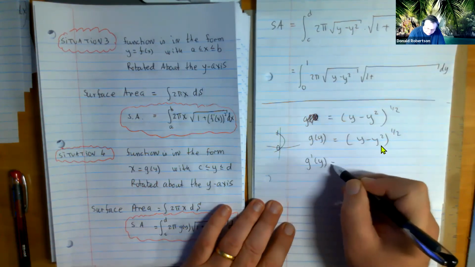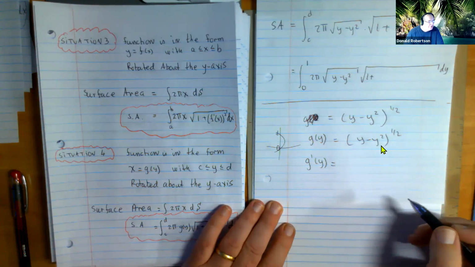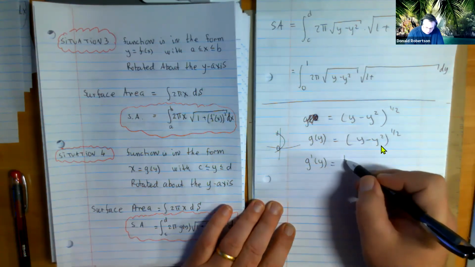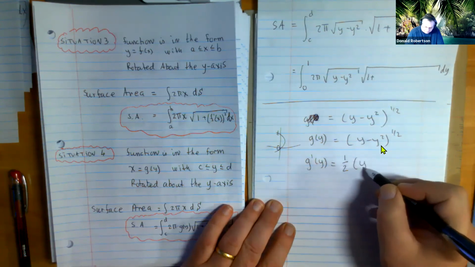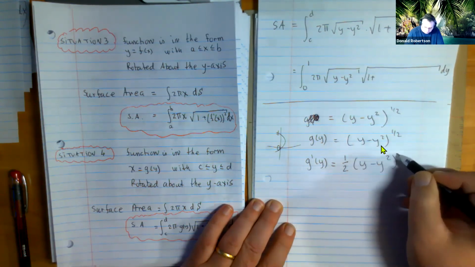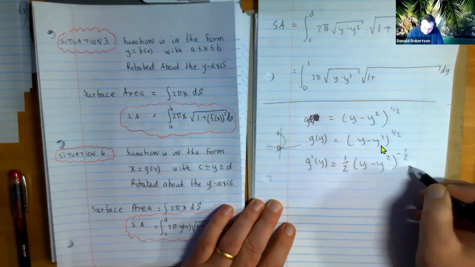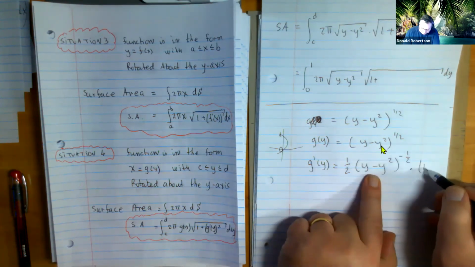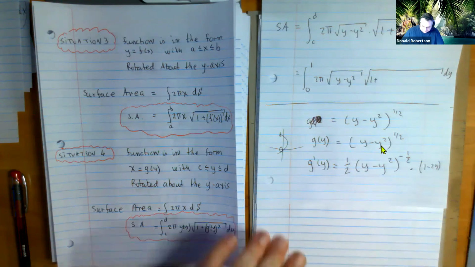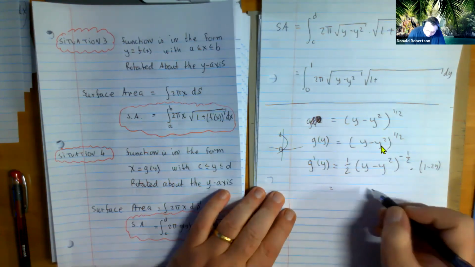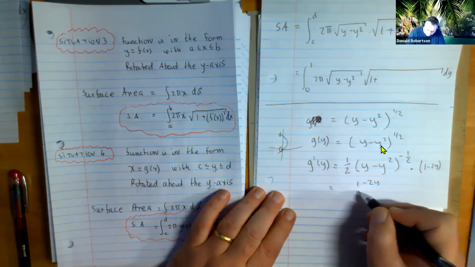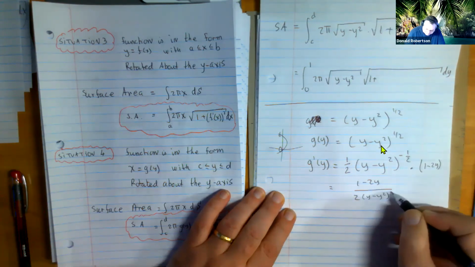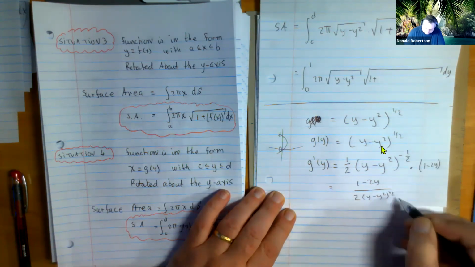Would you agree that this is a good old-fashioned chain rule? 1/2, 1 take away y squared to the negative 1/2 power times the derivative of this. Now you try and make this pretty. You got a 1 minus 2y on the top and 2 lots of this guy to the 1/2 on the bottom.